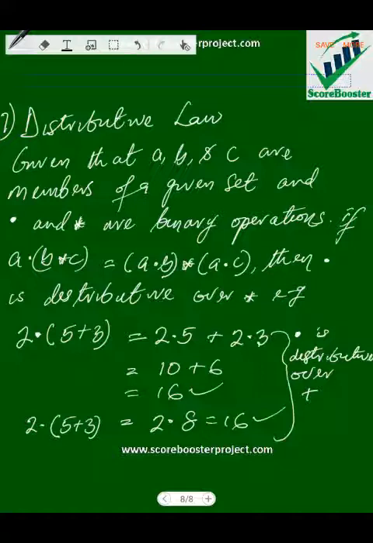So these are the basic definitions, and I must tell you as information that from my experience of studying so many JAM questions, questions have not been coming under distributive and associative.